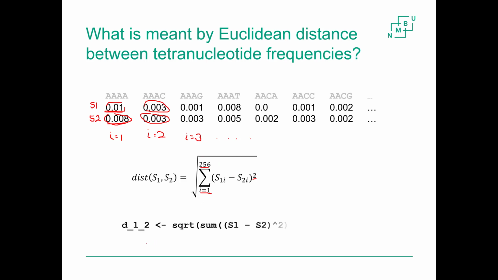In R, we would compute it something like this. In one line of code, you don't need any looping, because in R you can subtract vectors from each other directly and you will always get the element-wise differences, and then you square it and sum it, and then you take the square root after summing. So you can see this formula is very easy to do in R.